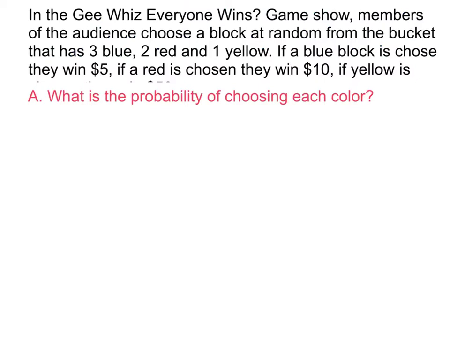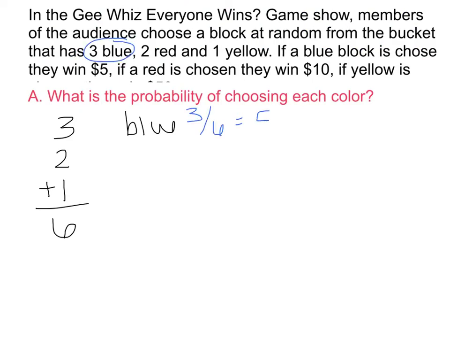So if we add them all together, you can see there are 3 blue, 2 red, and 1 yellow. So all together we have 6 blocks. Now we want to know what is the probability to choose each block individually. So for blue, there are 3 blue. So we have a 3 out of 6, or 50% chance.